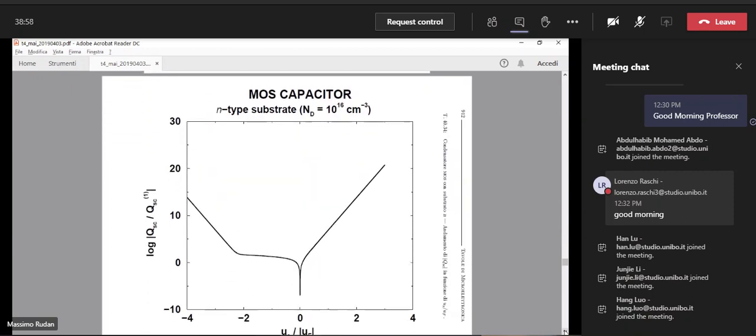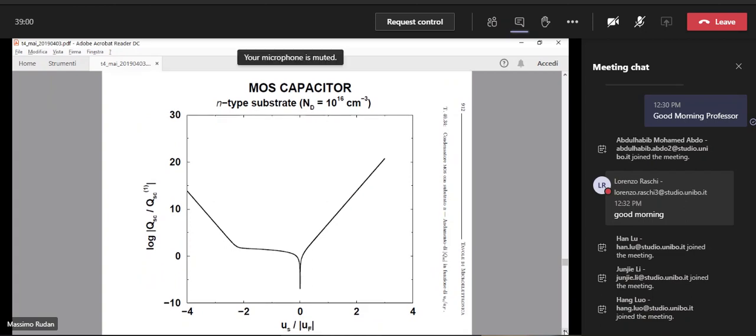And the relation between the charge in the semiconductor and the surface potential for the n-type substrate is just the same as that of the p-type substrate. It is simply mirrored from left to right.